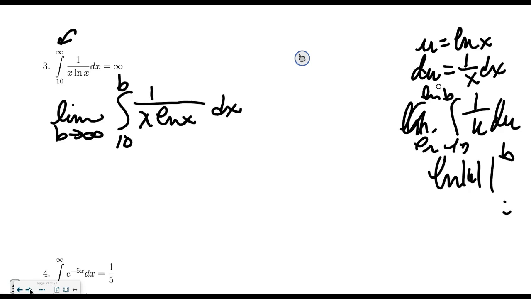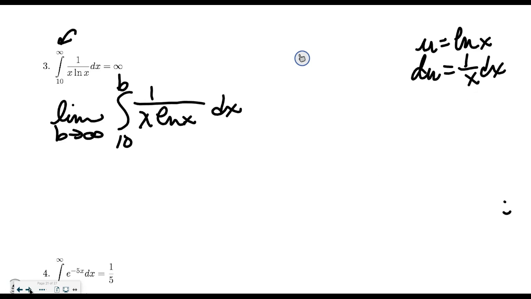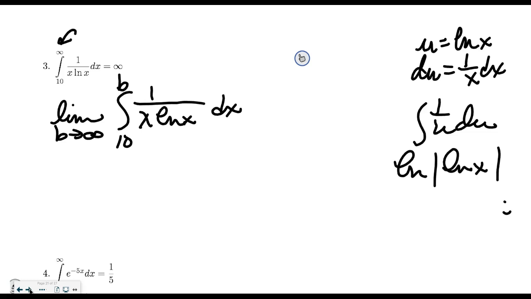So I'm going to go back. You guys are asking really good questions. I love it. So I had my 1 over u du, and I know that's natural log, absolute value, of my u choice, which is ln x. There's my antiderivative. That's why I think I would put it in here. Now, that's just me. I don't get points for that, right?